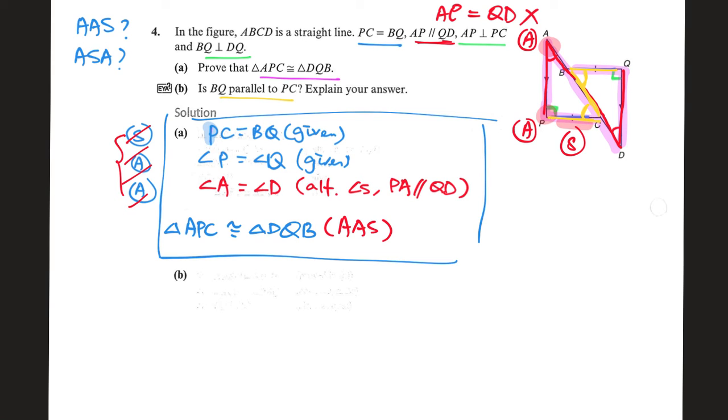With the help of part A, because the triangles are congruent to each other, it means that you can see ACP. Okay, I'll write the arrows in this way. Angle ACP will be equal to angle DBQ.